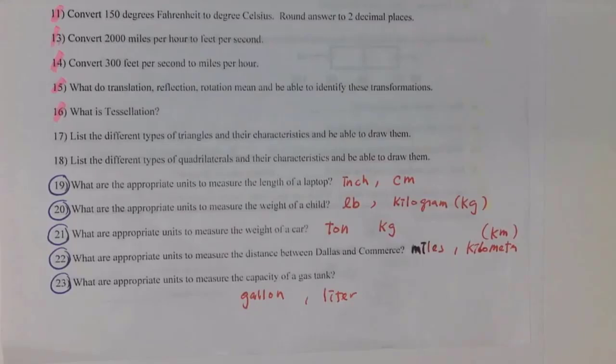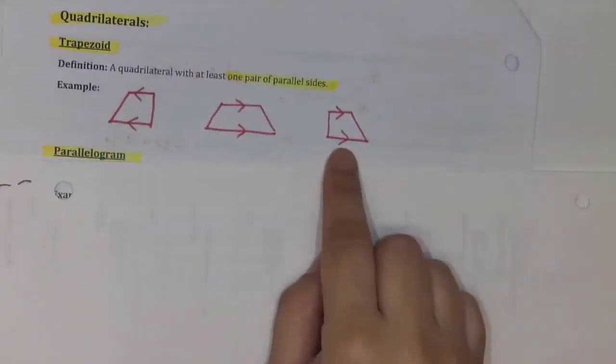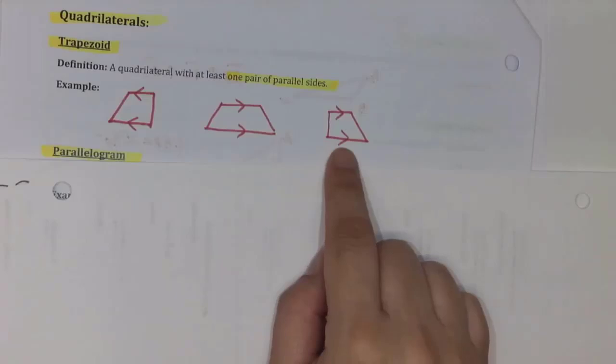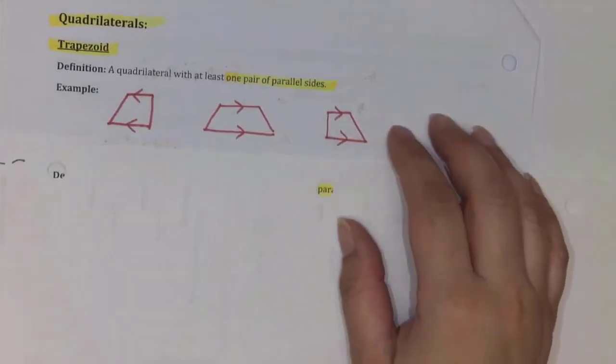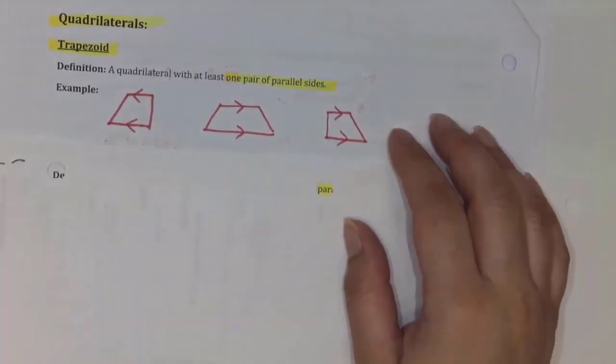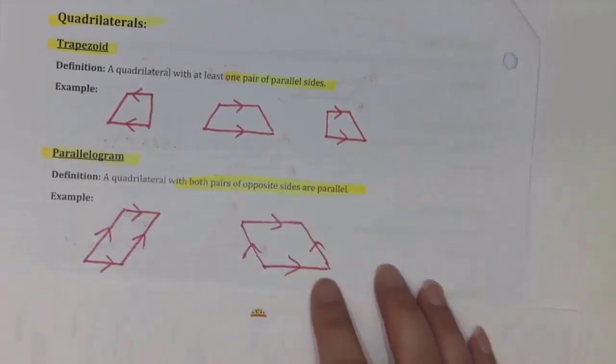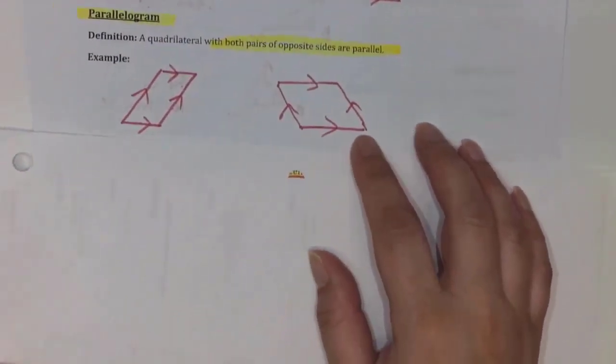Just one set of parallel lines. A quadrilateral means a four-sided shape, and with only one set of parallel lines it's a trapezoid. And then you can use this to represent parallel lines. With two sets of parallel lines only, that's the only thing they have, and it's a quadrilateral, we call those parallelograms. So nothing else, just two sets of parallel lines.